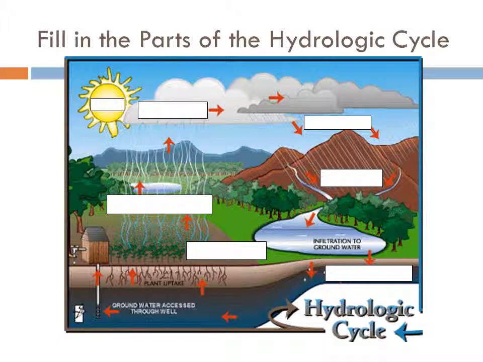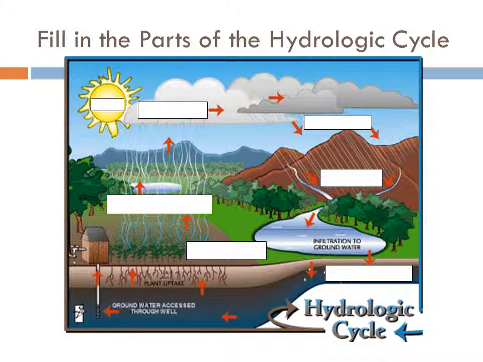Okay, right next to it, we are getting condensation. Okay, so just to the right, the box that's in that light gray cloud, we're going to put condensation. So water vapor starts to come together and condense into droplets.